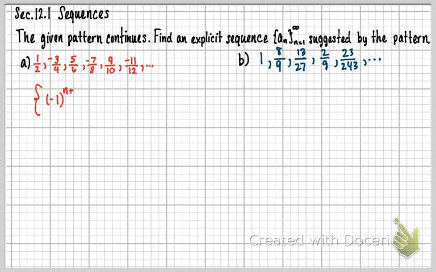So if I just go (-1) to the n plus 1, and you have to use parentheses here, because that's including the negative as well. If you don't have those, it's wrong. So make sure you have parentheses on those. Very important, because it's including the negative.